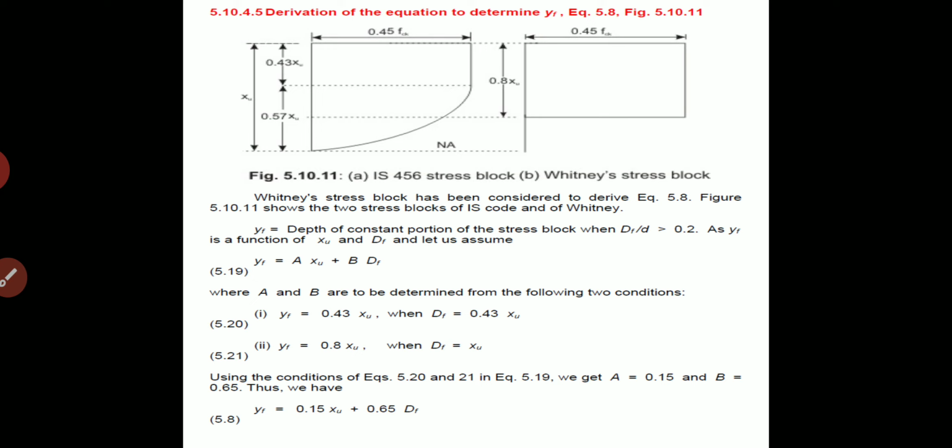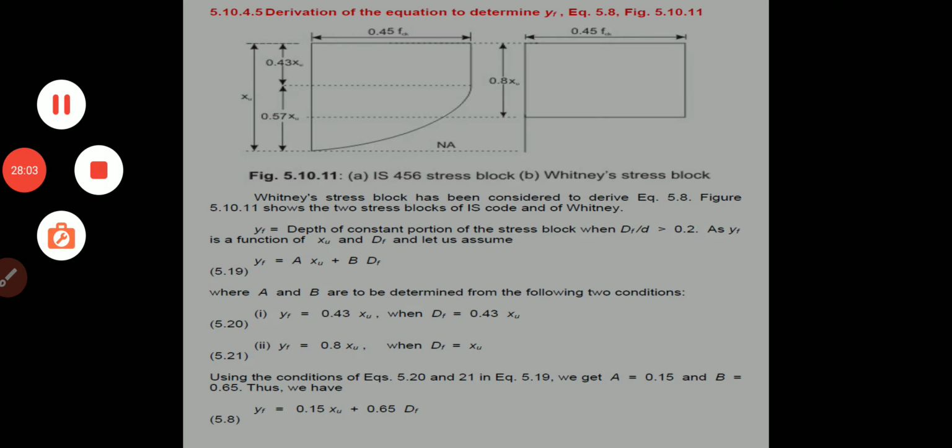First, Yf equal to 0.3 Xu when Df equal to 0.43 Xu, and second, Yf equal to 0.8 Xu when Df equal to Xu. Using the conditions, we get A equal to 0.15 and B equal to 0.65. Thus, we have Yf equal to 0.15 Xu plus 0.65 Df.